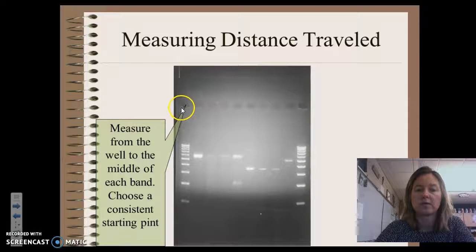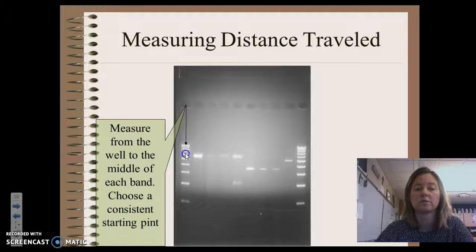The other option would be to start at the base of the well, and then again measure always to the middle of each and every band. That way you're consistent in your measuring. So either start at the top of the well or at the bottom of the well, but always measure to the middle of each of the bands.